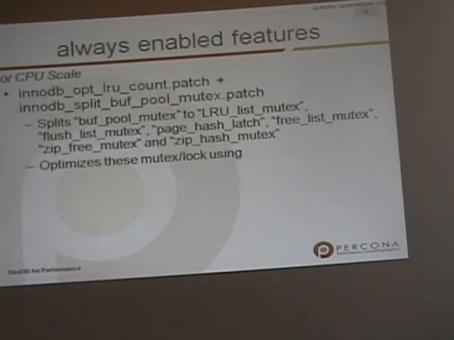Xtrabackup specific features for increasing CPU scaling. Split the buffer pool mutex. I think it is a giant lock in InnoDB. Split it into the free list, flush list, and page hash.